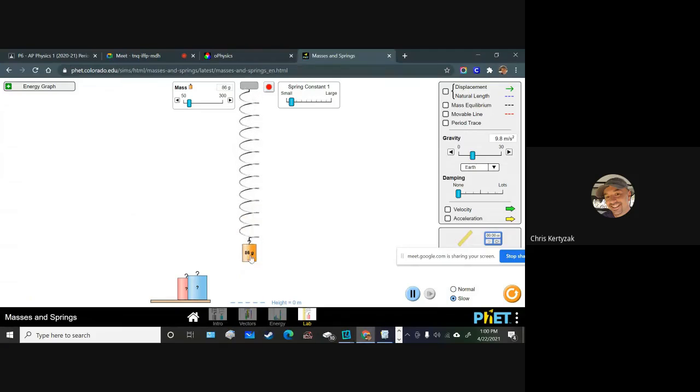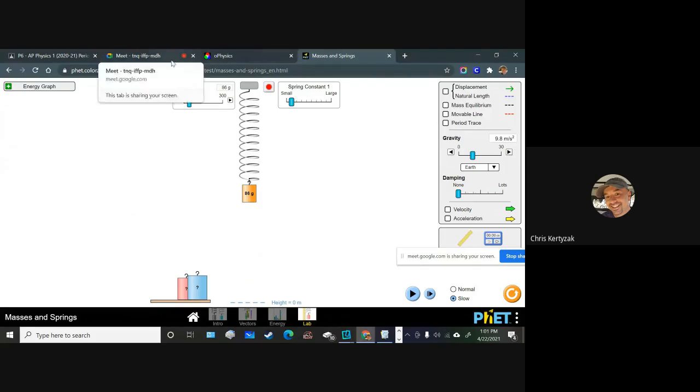So 0 speed there and 0 speed instantaneously there, but now we're referring to the middle, right as it passes through the equilibrium line that we talked about. What would the speed be? Conceptually, it's a maximum. It's moving at the greatest speed.